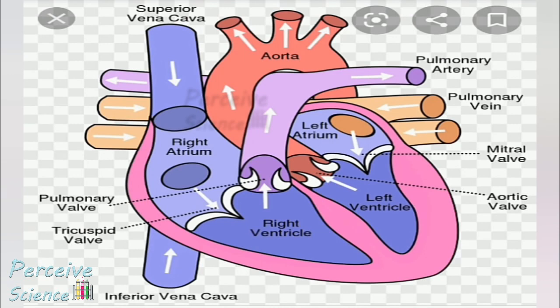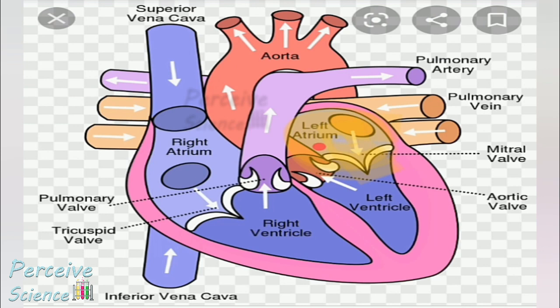Now students, let's have a look at the detailed diagram of the heart, where you can see many other parts besides the left and right atrium and left and right ventricles. The first part I'm going to introduce is the pulmonary vein. The oxygenated blood from both the lungs enters the pulmonary vein, and this brings the oxygenated blood to the heart at the left atrium.